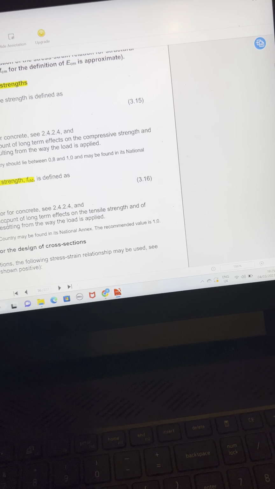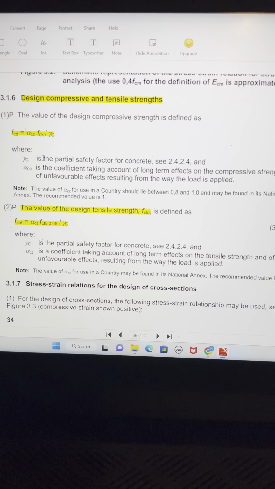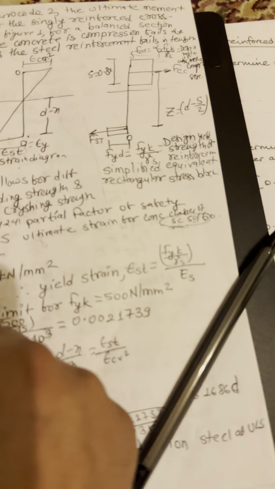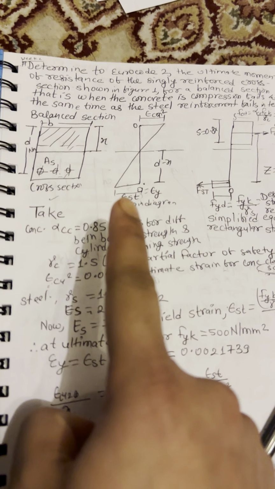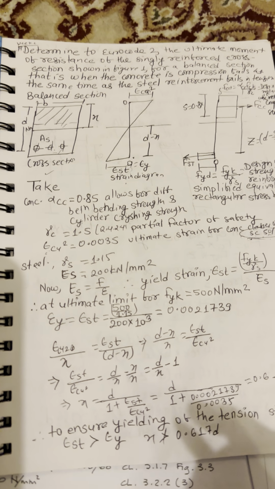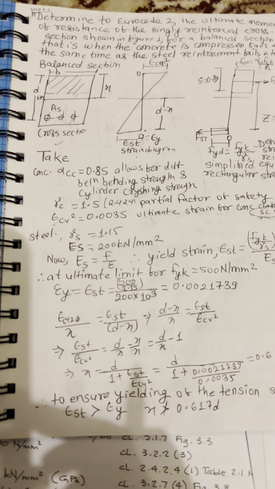This is our value, and it is given like this. The alpha cc, depending on the country, lies between 0.8 to 1, from the national annex. So for this one we have taken 0.85 for different bending strengths and cylinder crushing strength. This is all we have in our diagrams now.